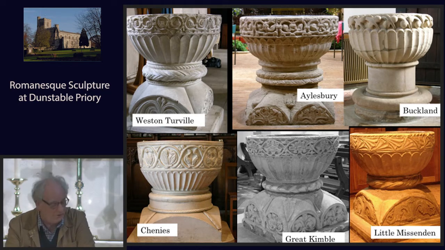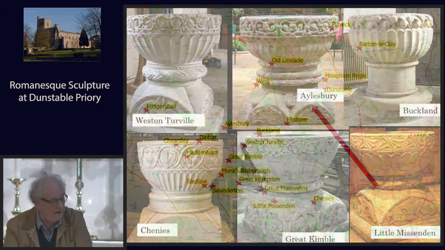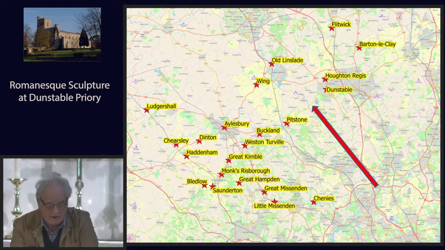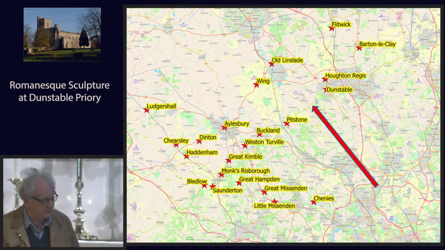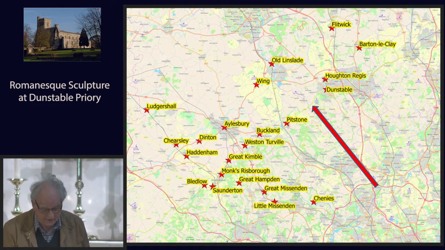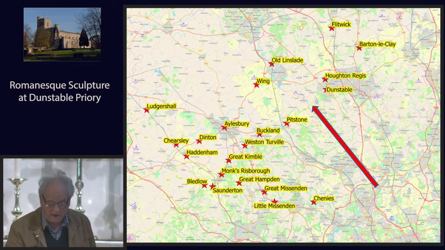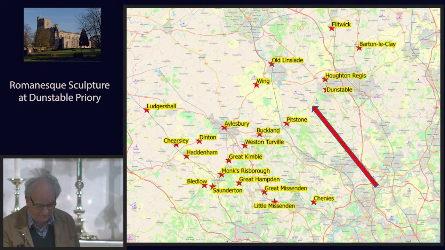The Aylesbury group are found in a fairly restricted area of Buckinghamshire around the Bedfordshire border. Most of them are in Buckinghamshire to the southwest. Dunstable you can see towards the top right, along with a few others in Bedfordshire. The quarry at Tottenham is there.